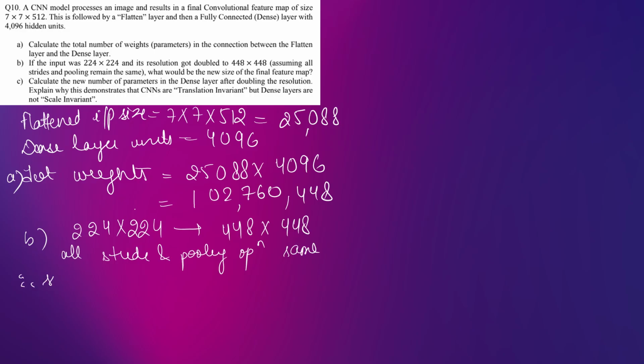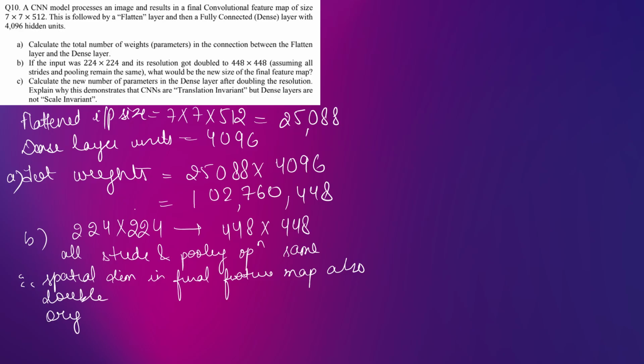Rest all stride and pooling operations are the same. Therefore, the spatial dimension in the final feature map also doubles. Now original will be 7 into 7.